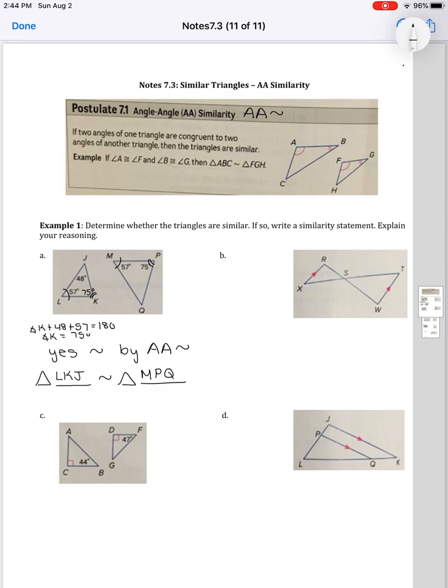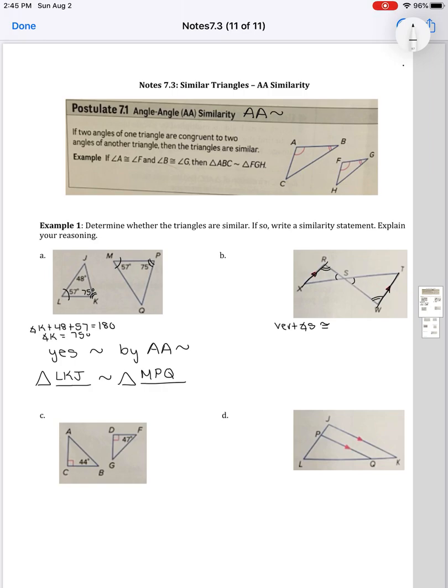Looking at B, we don't see anything that's marked, but that's not necessarily meaning that these don't work. First thing you see is you have vertical angles, so I can add those in there. I know those two angles are congruent to each other. Not only that, but you see the parallel symbol right here. This line is parallel to this line.